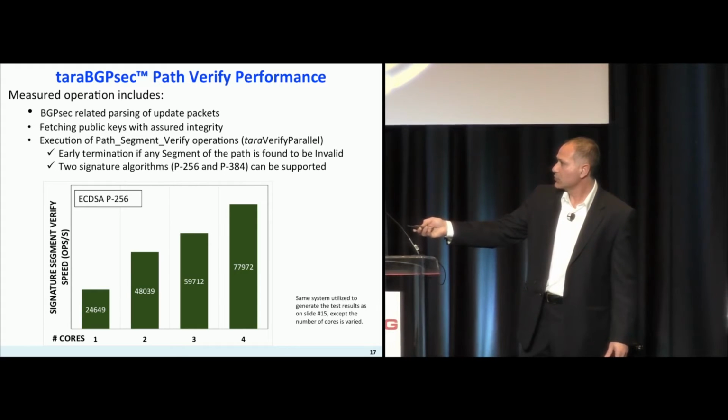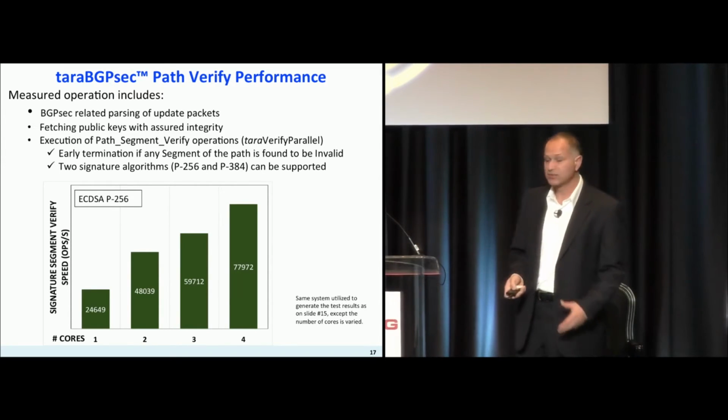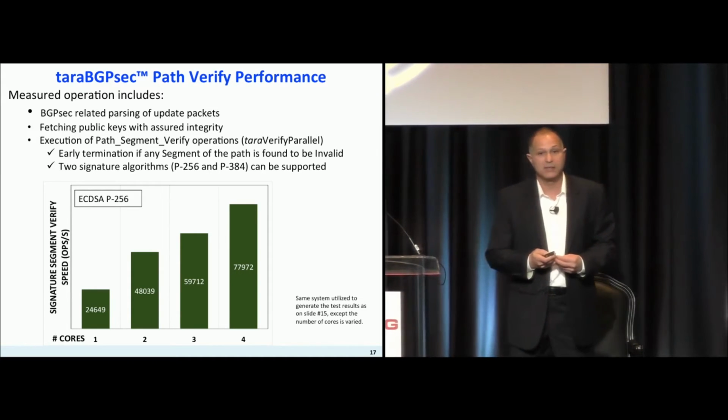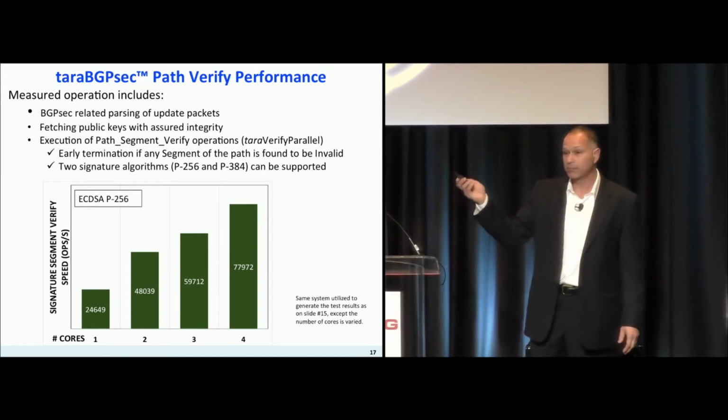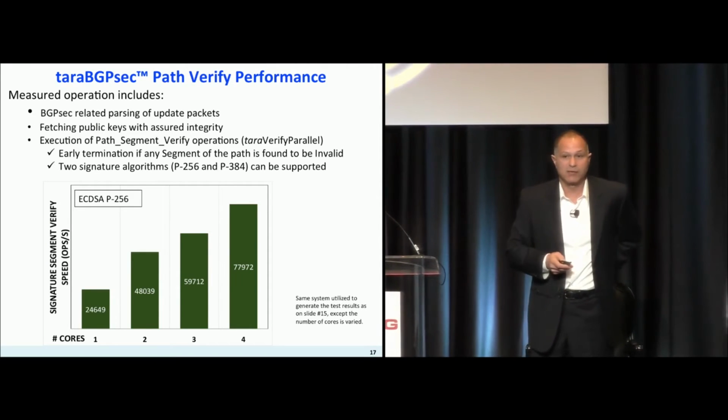And then we also showed another example here. This is actually a 4-core system. And you can see if you're using 4 cores, we're about 78,000 BGPsec verify operations, which is actually pretty decent. And we have tested this all the way up to 24 cores.